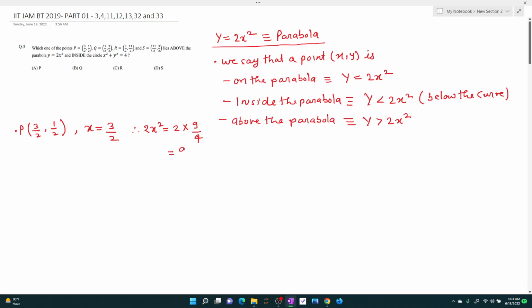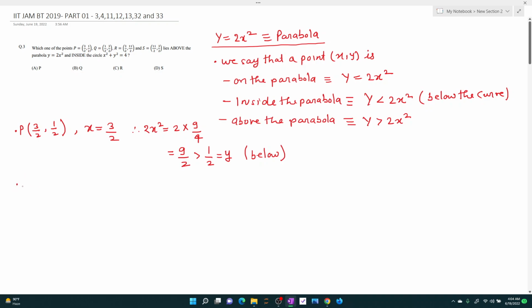So the value is coming out to be 9 by 2. And when I compare 9 by 2 with 1 by 2, I will say 9 by 2 is greater than 1 by 2, right? So this point is below. Make sense? Because the value of y is less than 2x square.